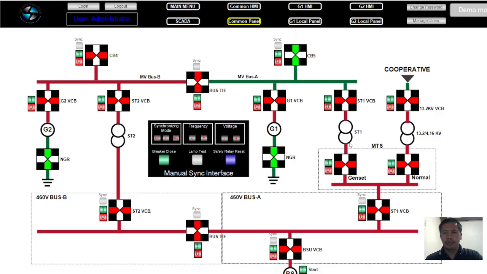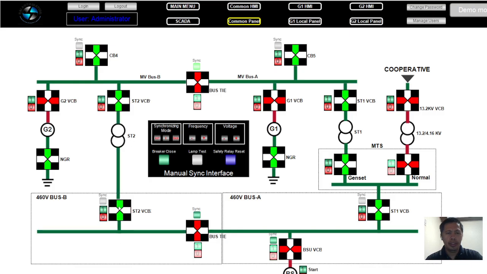So now we'll also close this, and we'll close this. Now the 460 bus is already live for the generator one auxiliary supply. So we'll close the station service also for generator 2. Close, energize.